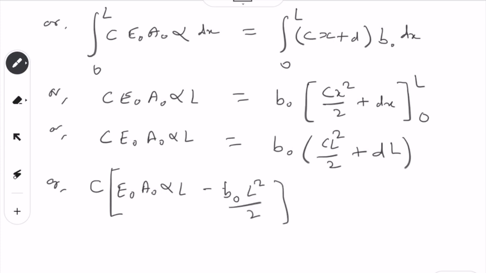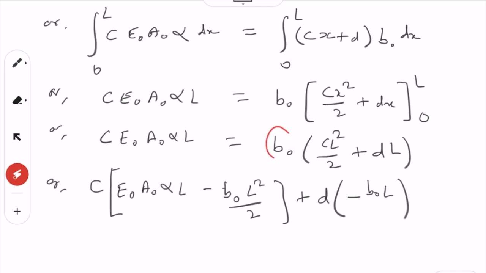With C as the common factor, we have E naught A naught alpha L minus B naught L squared over 2, and then we will have plus the D term, with minus B naught L, which is the coefficient of D here, and this equals 0.